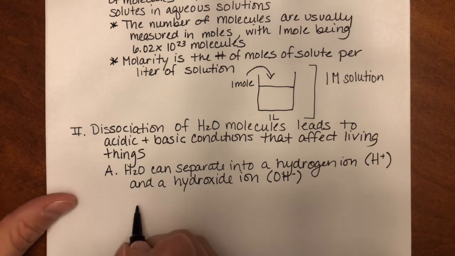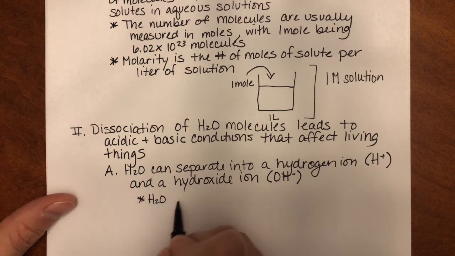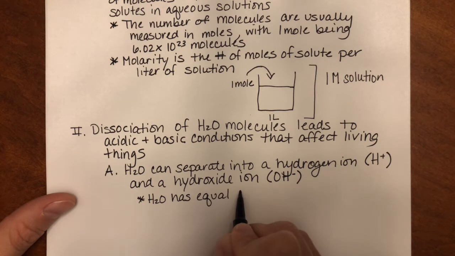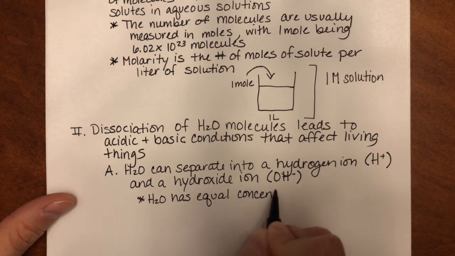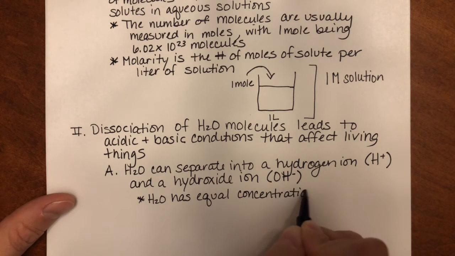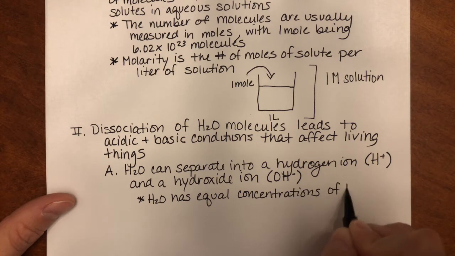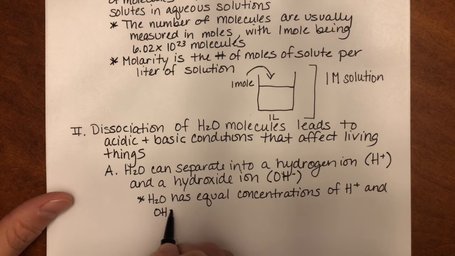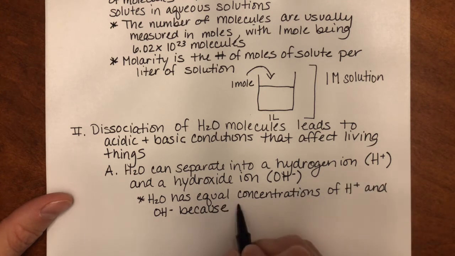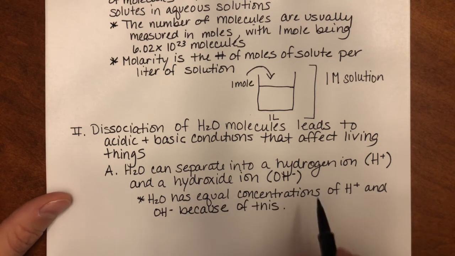So we're going to say down here that water, therefore, has equal concentrations of H+ and OH negative ions, because it breaks down equally into H+ and OH negative ions.